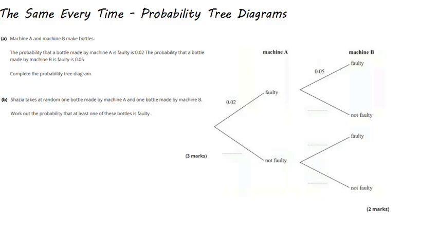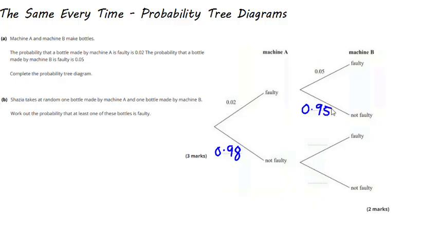So in the first pair of branches, faulty, not faulty, we've got a 0.02. If I do 1 minus 0.02, that's going to give me 0.98. And on this set of branches, faulty, not faulty for machine B, if I do 1 minus 0.05, then I've got 0.95.